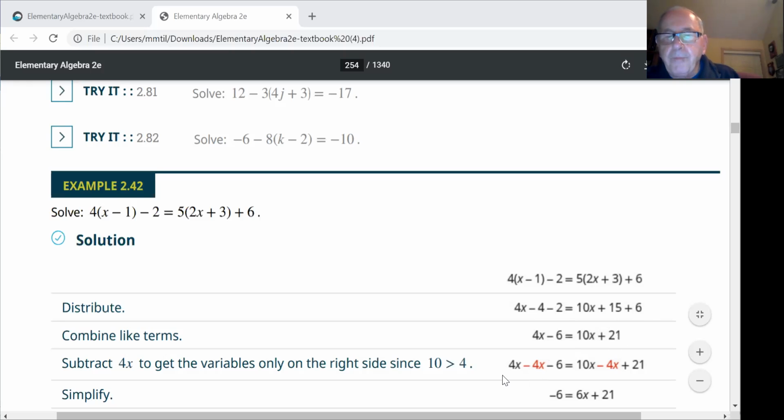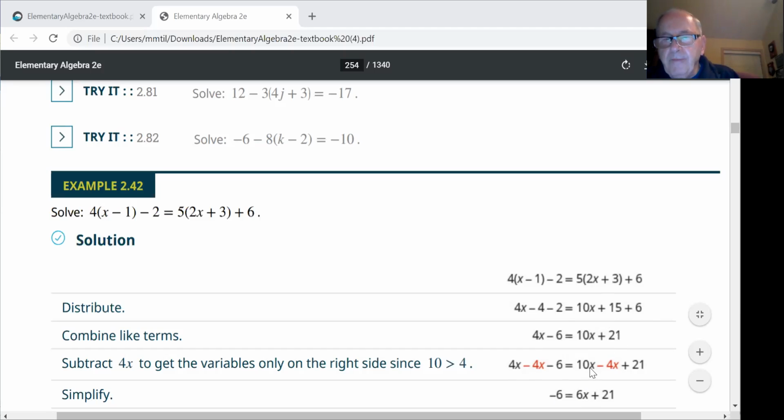So now you've got 4x minus 6 is equal to 10x plus 21. So you're going to subtract 4x again, so you'll have a positive variable on the right-hand side. So you subtract 4x from both sides. So it's 0 on this side, 0 minus 6.